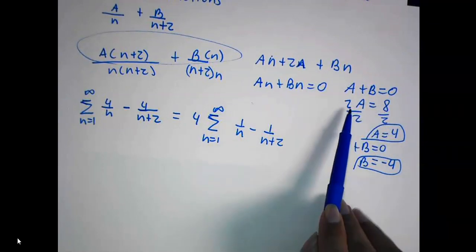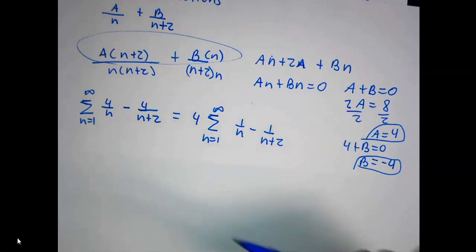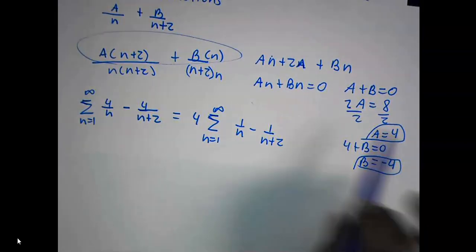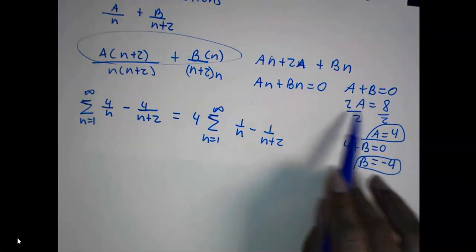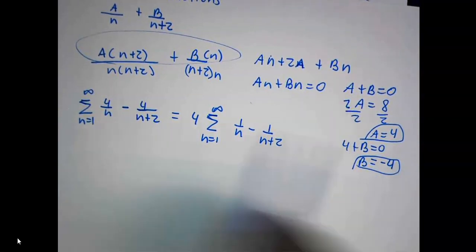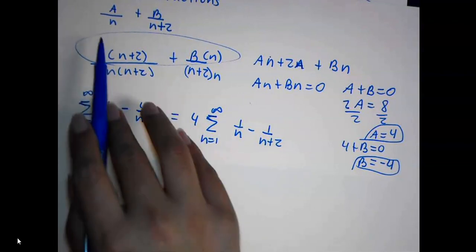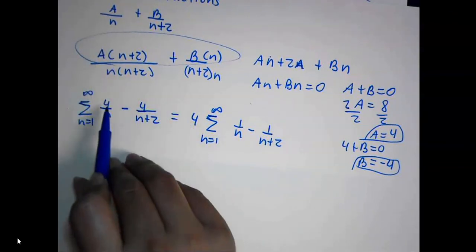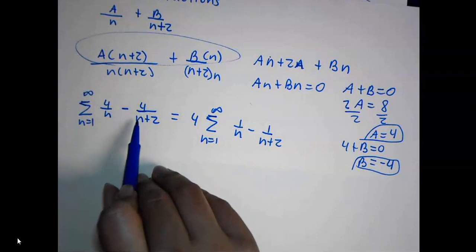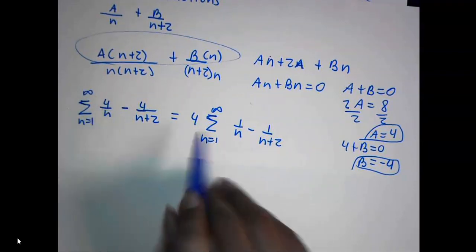And then 2A equals 8, because there's an 8 on top of the original a of n. So I solve for A, divide by 2, and I get 4. Plug it into this one and I get B is negative 4. So now I replace the original with my partial fractions: 4 over n minus 4 over n plus 2. They both have a 4 in the numerator, so I can take it out.